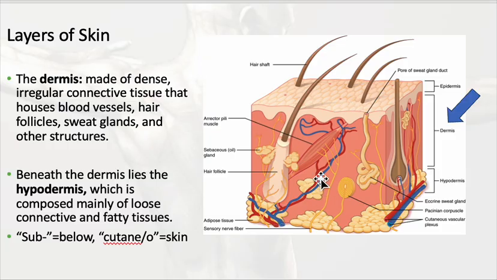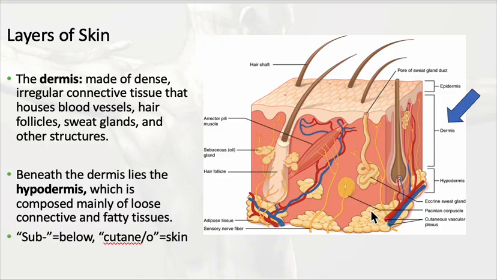This is because it contains that blood supply. It also has vessels of the lymphatic system, bringing lymphatic fluid, which contains a lot of immune cells. It also contains nerve endings for sensation and accessory structures, such as sweat glands, oil glands, and hair follicles.